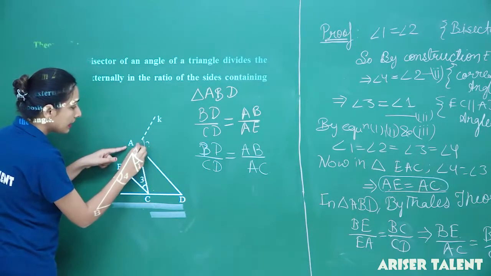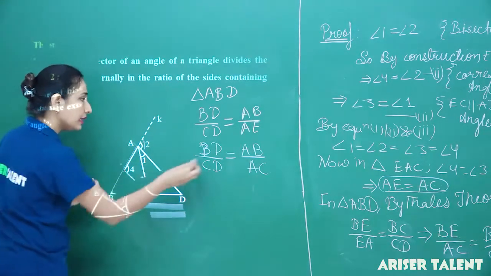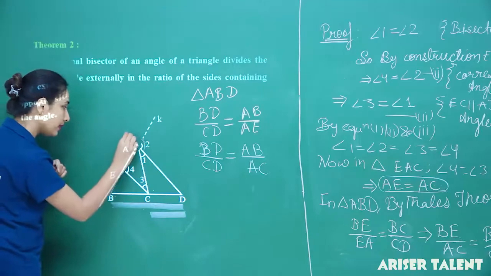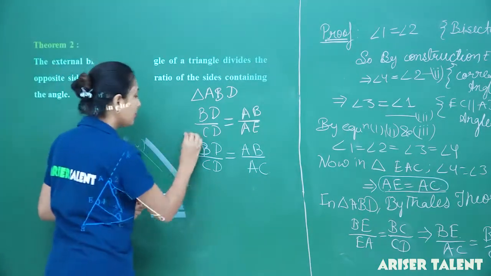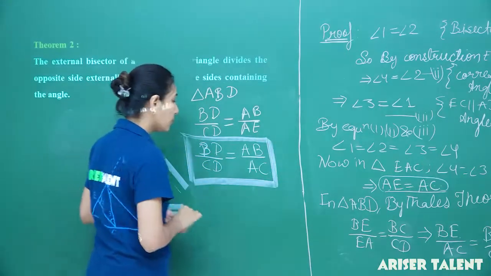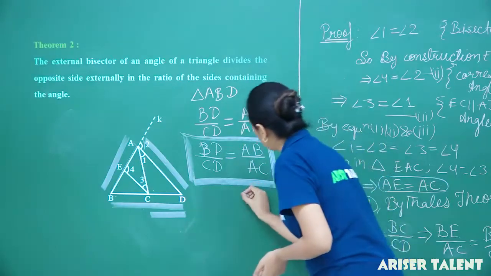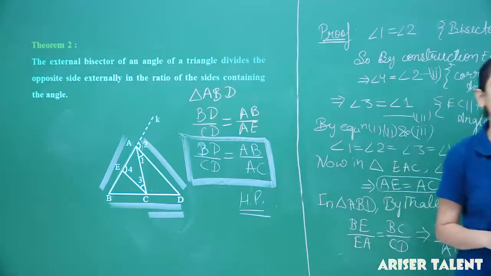So this angle A was made by this and this side. So this is AB, and this is AC. So we have proved it. Okay students, hence proved. Noted.